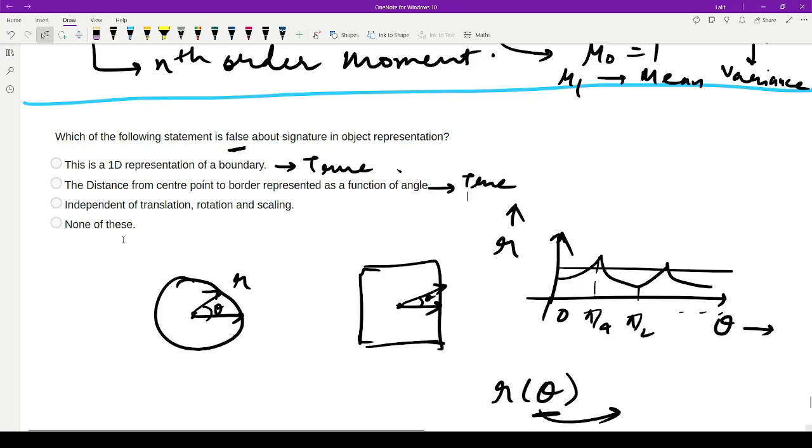We compute the distance from the center point. The center point changes, but the distance between the center point and the boundary does not change. So the distance won't change, so it won't be affected by translation. So it is independent of translation. True.